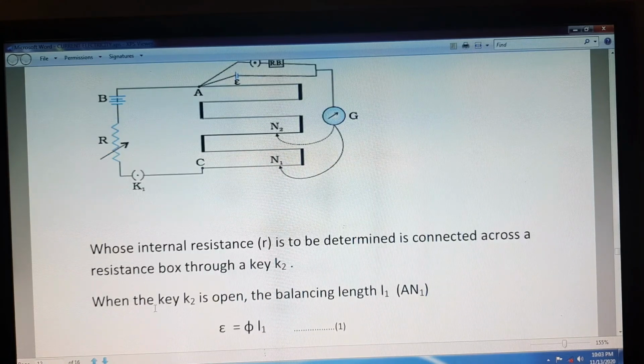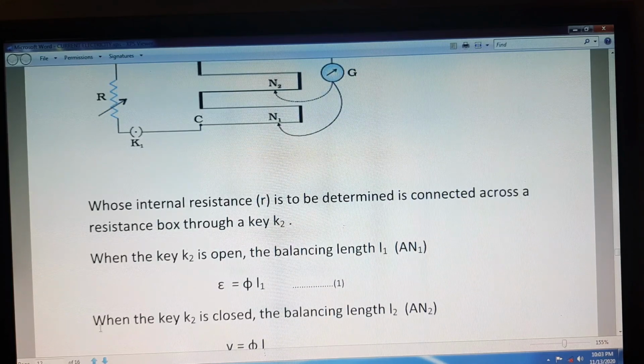First condition, the key will be open, and second, the key will be closed. When the K2 key is open, the balancing length is L1, so epsilon is equal to pi L1. Second, when K2 is closed, the balancing length found by the jockey J is L2.